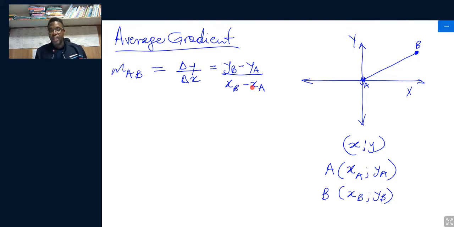You will be expected to make that particular variable the subject of the equation. I'll show you how you could do it.